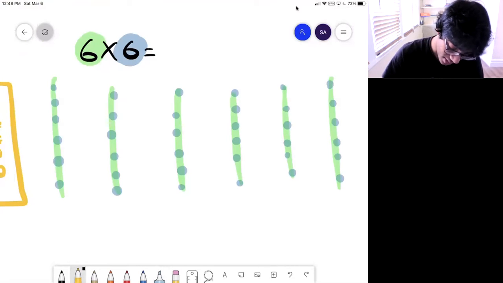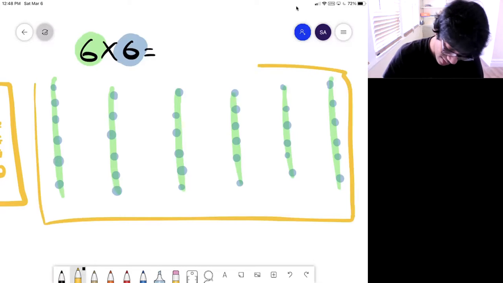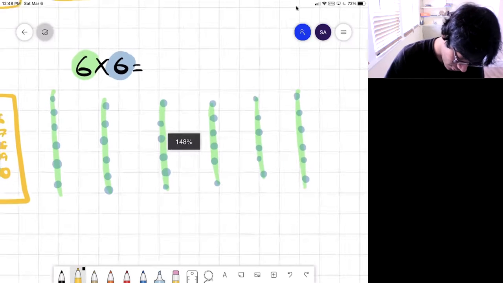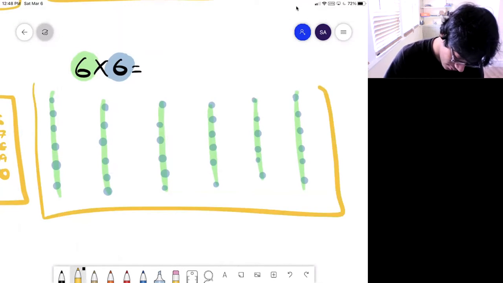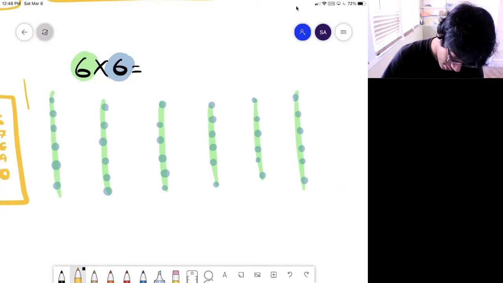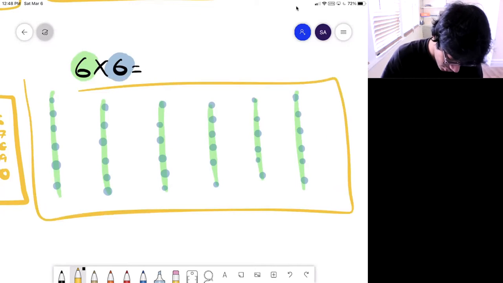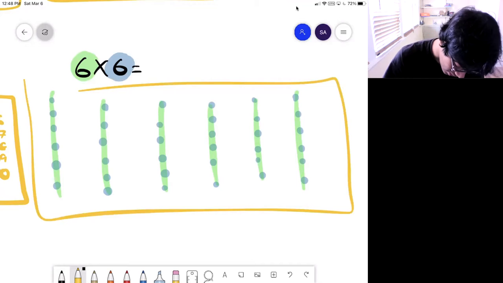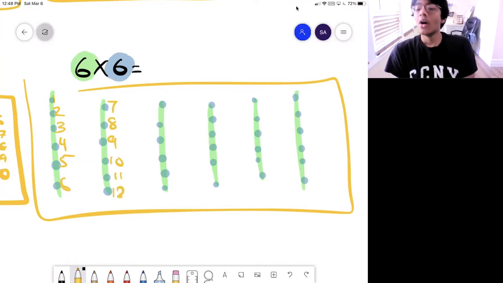Now count up how many dots in this whole shebang. Can you count it up? How many dots in this whole thing? Well, let's do it. So I have 1 dot, 2 dots, 3, 4, 5, 6, 7, 8, 9, 10, 11, 12.